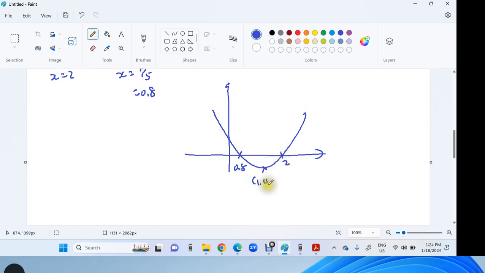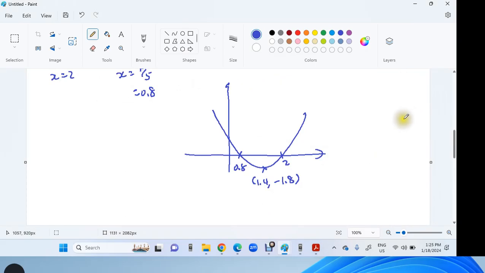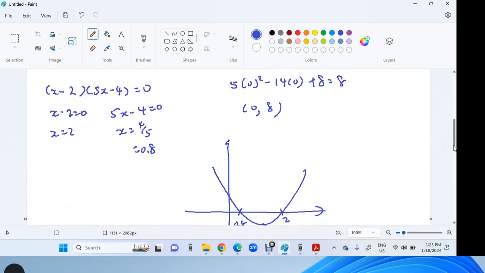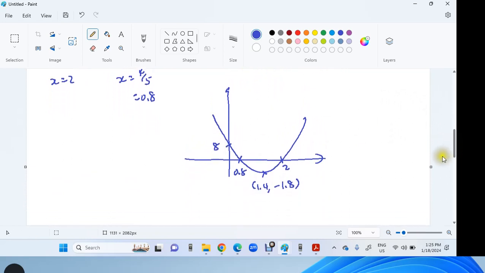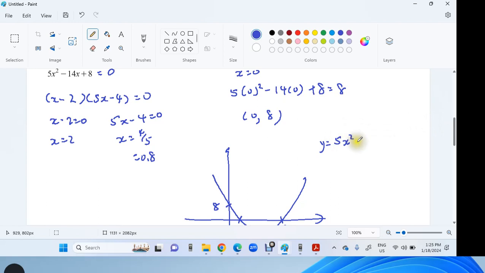This one is (1.4, −1.8). So we have (1.4, −1.8), (0.8, 0), (2, 0), and then we have (0, 8) here. But this is y = 5x² − 14x + 8.